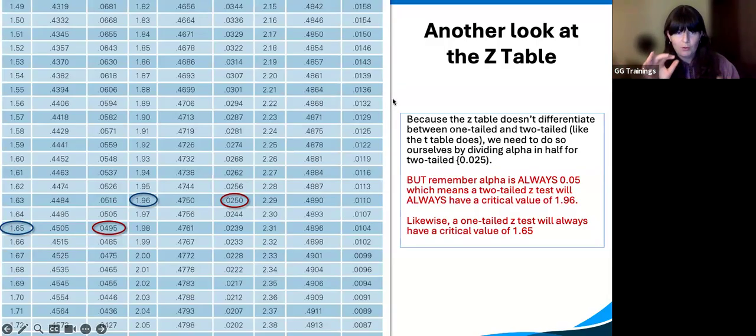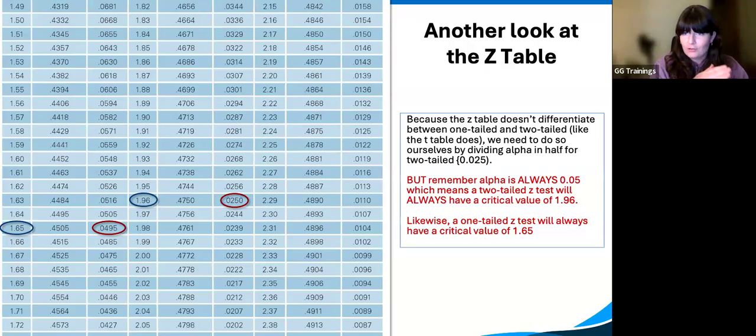Why am I showing you both of these critical values, the possibilities? Well, we know that we always use an alpha of 5% for our tests, right? It's always 5%. So if you're doing a one sample Z test and you have a non-directional H1, your critical value is always going to be 1.96. Because you're starting at 5%, you're dividing it in half, you're looking for 2.5%, it's going to be 1.96 every single time.